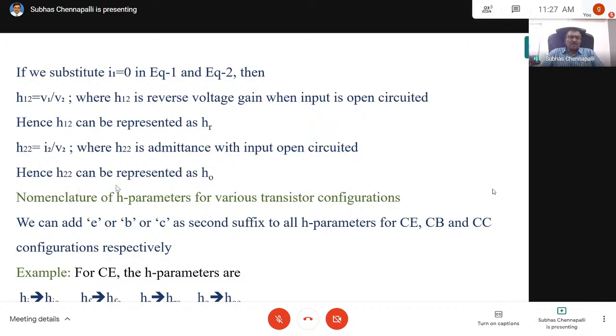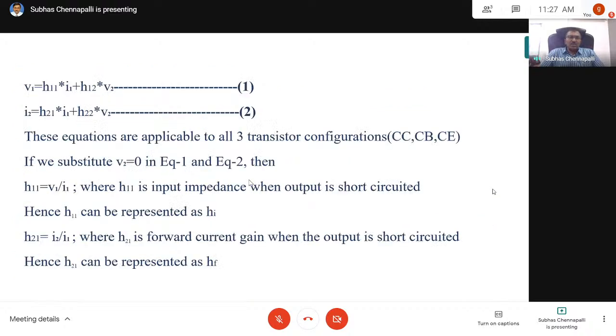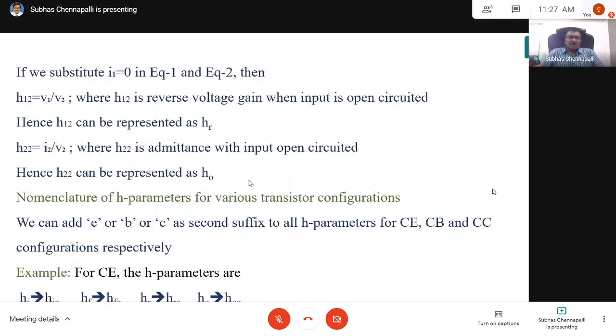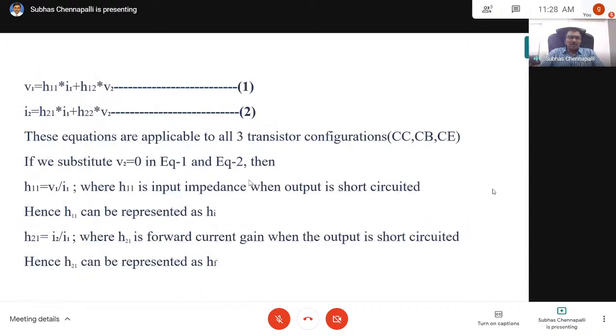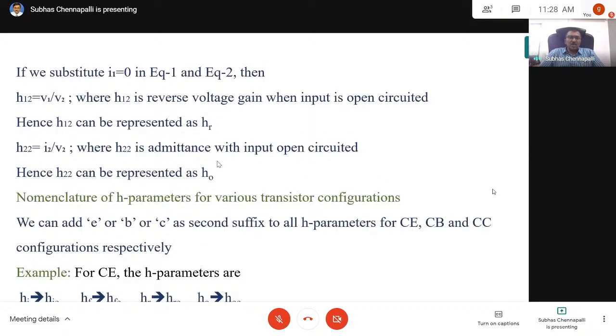I will call this H22 as HO. So the H parameters arrived at are H11 as HI, H12 as HR, H21 as HF, and H22 as HO.